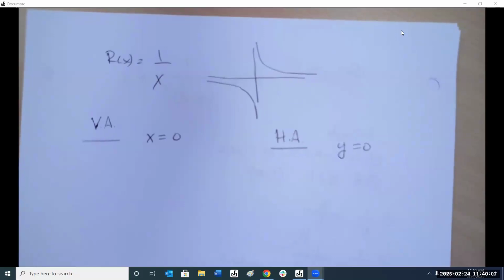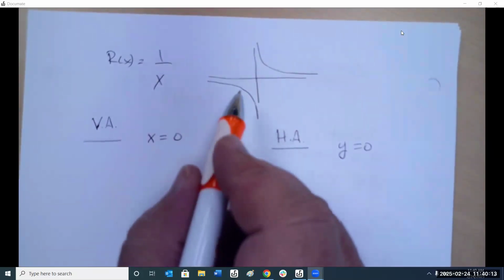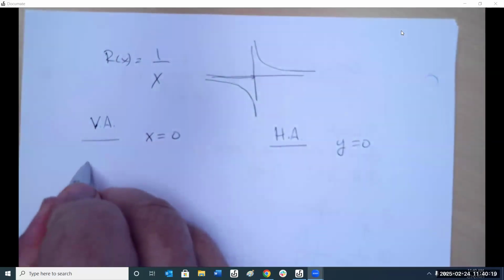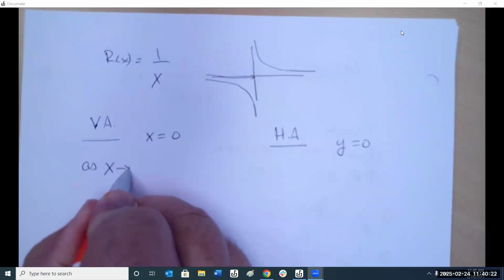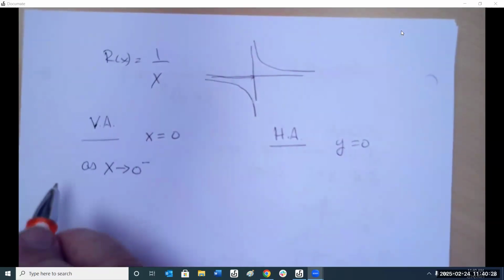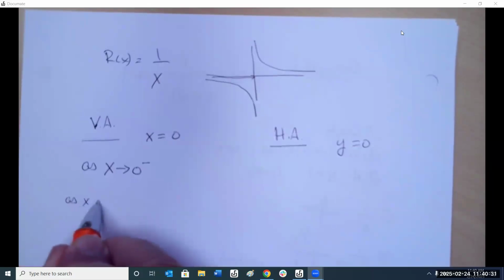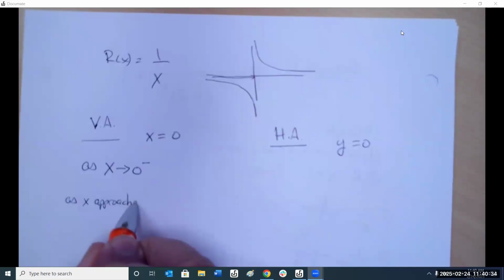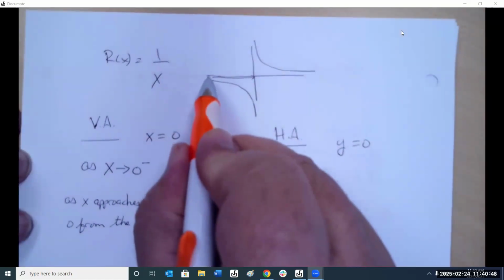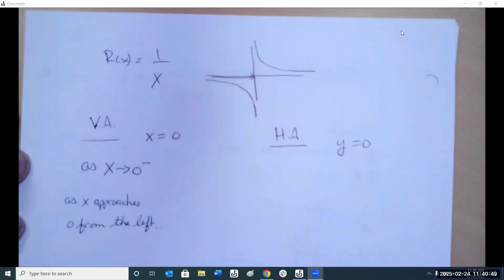So let's look at what happens here with the values of x. Since this is a vertical asymptote, this is how you read it: as x approaches 0 from the left, what happens to our y values?